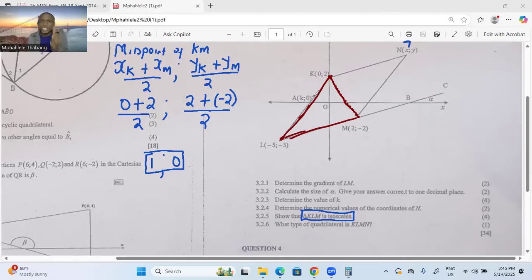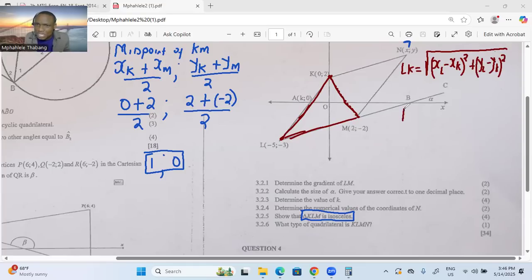So I'm going to calculate the values of these three sides and look for the sides that are equal. Let me measure the distance from K to L using the distance formula. LK equals the square root of x at L minus x at K squared plus y at L minus y at K squared. You can also say x2 minus x1 squared plus y2 minus y1 squared.